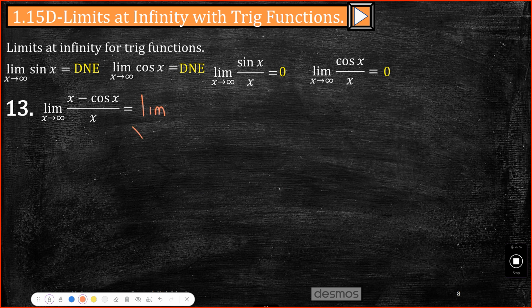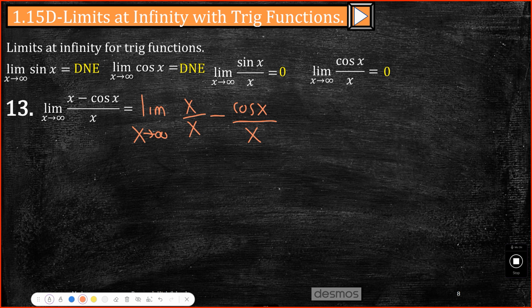It is lim x approaches infinity. And you can separate. You see, these two are being divided by x. So you can go ahead and just do x over x minus cosine x over x. All I did was divide x by x and then minus cosine x over x.